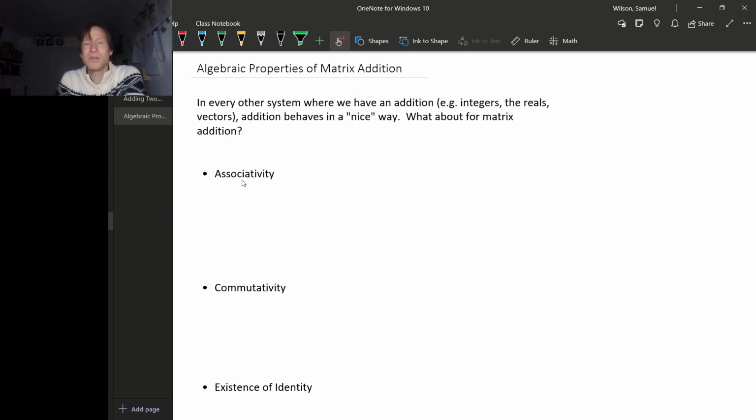So for example, associativity of addition. Remember, associativity of addition is the idea that if you have two different additions like this, (A plus B) plus C, if you do them in the other order, A plus (B plus C), that these should actually be the same. Should be the same if the addition is associative.